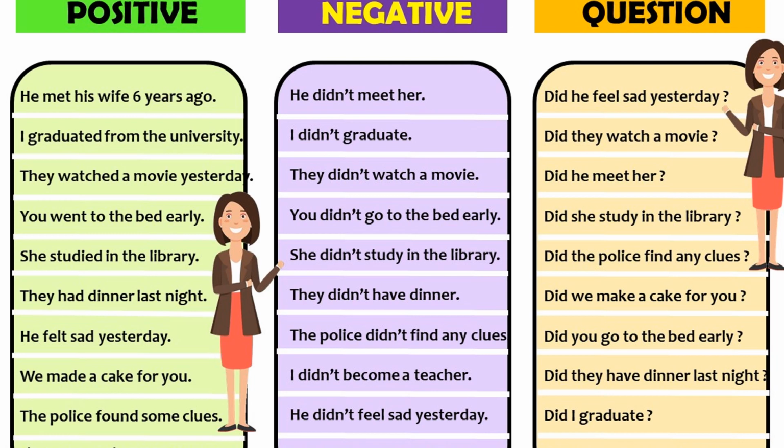So in the same way, even for simple past tense, we do have sentence structures. So how to put a positive sentence into a negative sentence and how to change the negative sentence into an interrogative sentence.